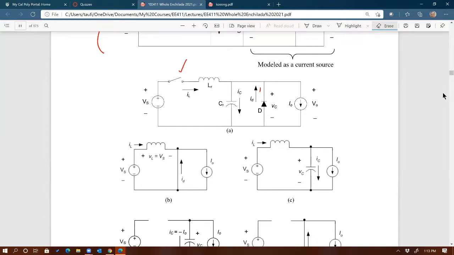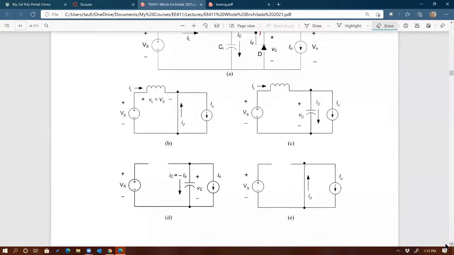All right. So let's start with our first state right here. Now, this happens after the circuit reaches steady state. And it doesn't matter where you start in terms of which state you want to start the analysis.